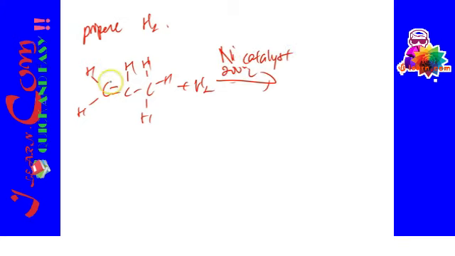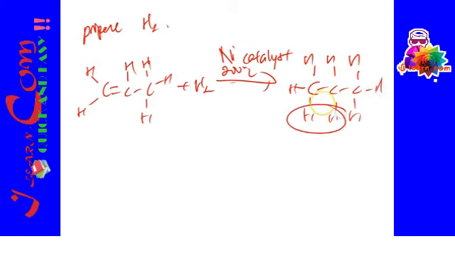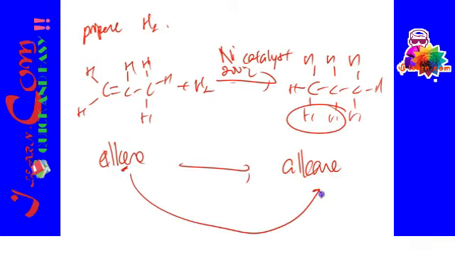So we add the hydrogen across the double bond, and what do we get? At the end of the day, we have an alkane. This is the hydrogen that was added across the double bond. So when I add, I get an alkane from the alkene. Any time you see the conversion of an alkene into an alkane, you will need to use hydrogen. This is an addition reaction, or hydrogenation.